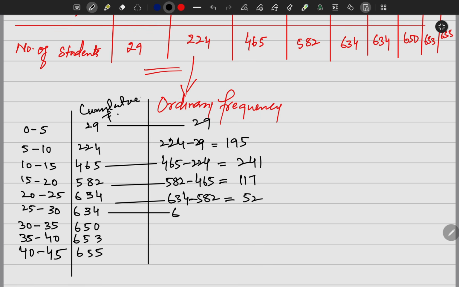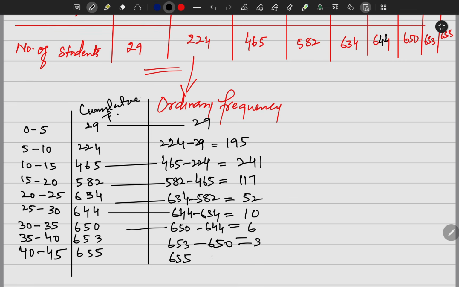And here 634, sorry, this is not 64, it is 644. So 644 minus 634, it gives you the 10. So 650 minus 644, it gives you the 6. 653 minus 650, it gives you the 3. And then 655 minus 653, it gives you the 2.